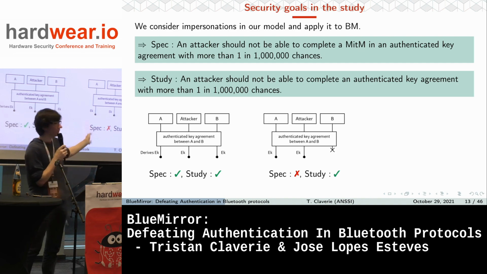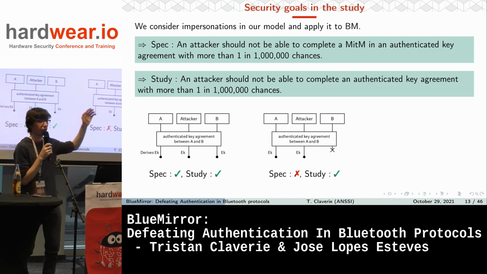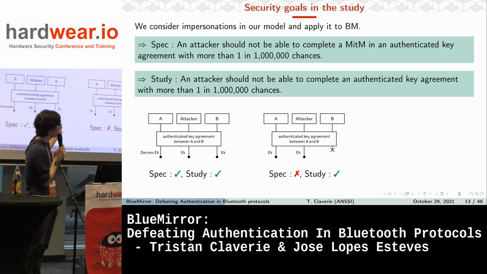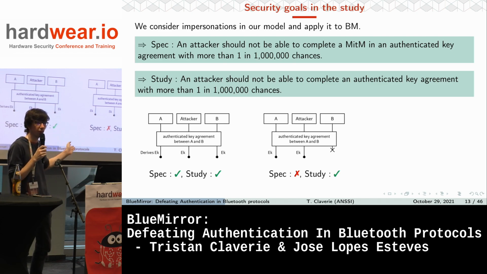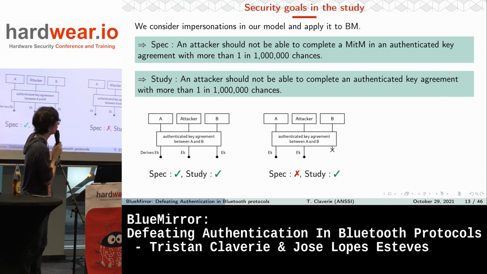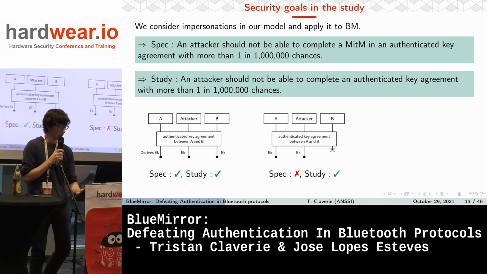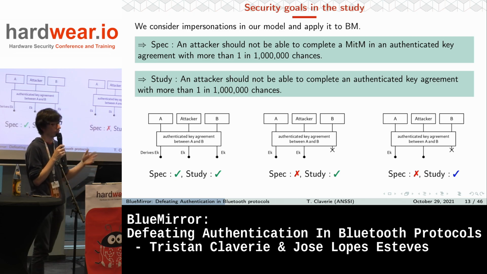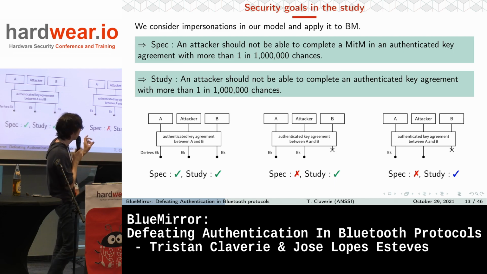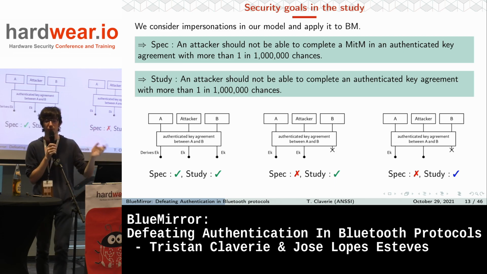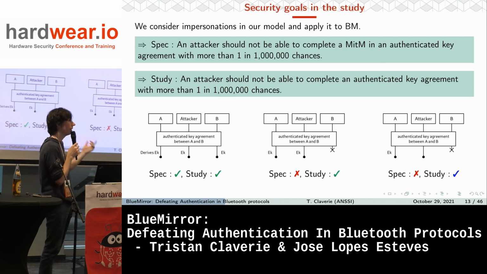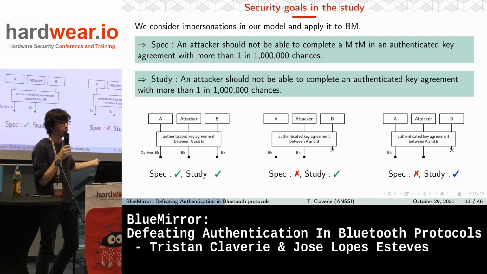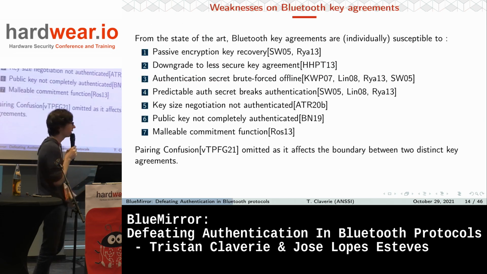Imagine the attacker completes an attack, able to impersonate B towards A, but B can't complete the key agreement. The specification technically says it's invalid and you shouldn't be protected against that. In our study, we consider it relevant. And we've got another slight modification. Sometimes you may be able to complete an impersonation, but you do not get the encryption key. It's much less powerful than the other two, but a good protocol should be immune to that.